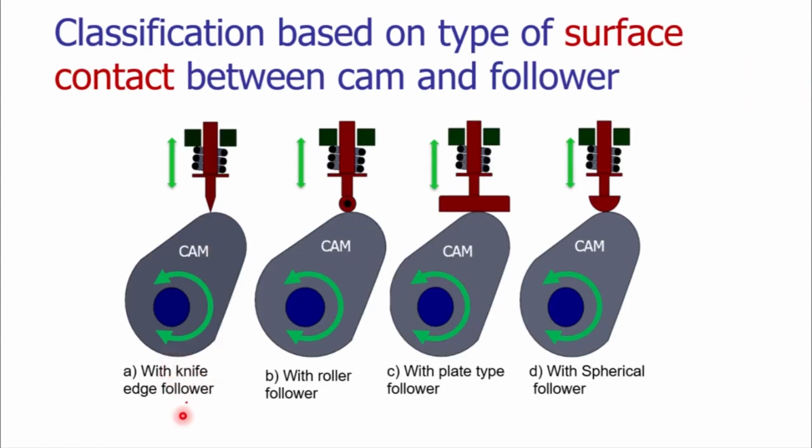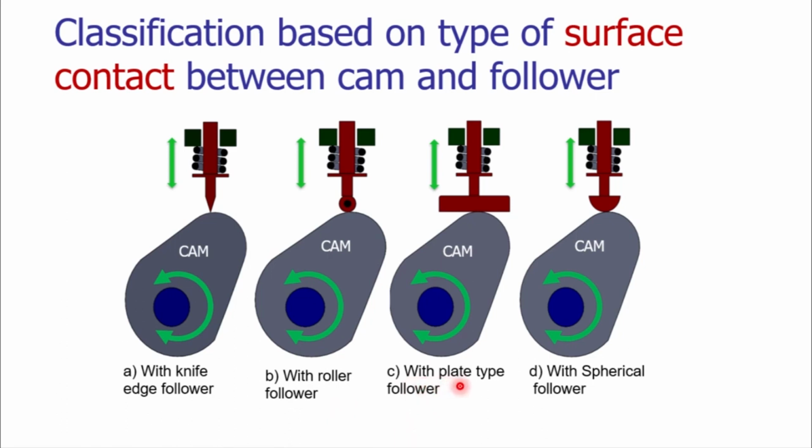In the first variation, the follower is in the form of a knife edge, but due to repetitive contact of the follower with the cam, there may be wear and tear of this knife edge contact. It may get worn out and we may lose accuracy. So for this purpose, we use rolling friction between the follower and the cam. These cams are very efficient with a roller follower.